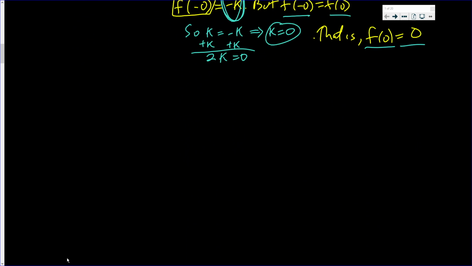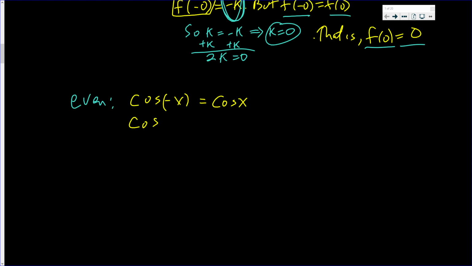Now, there are some well-known functions that are even and odd. For example, the cosine of negative x is equal to cosine of x. It doesn't care whether you plug in x or negative x.